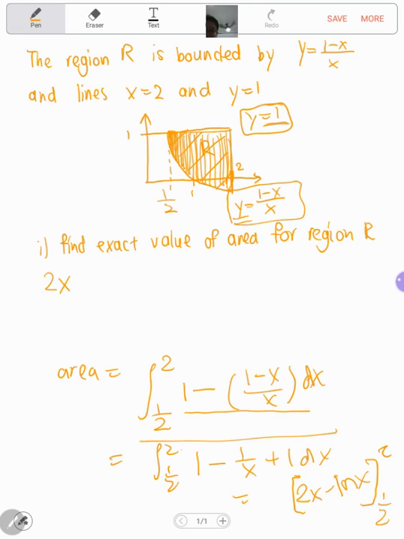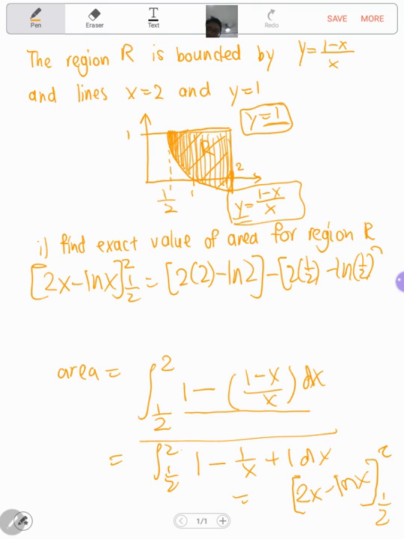So 2x minus ln x from half to 2 equals 2 times 2 minus ln 2, minus 2 times half minus ln half. 2 times 2 is 4, minus ln 2, minus 2 times half is 1, minus ln half is just plus ln 2, because they are equivalent. You can key it into the calculator to check. So 4 minus 1 is 3, and minus ln 2 plus ln 2 is 0. So we have 3 as the final answer for the first part.